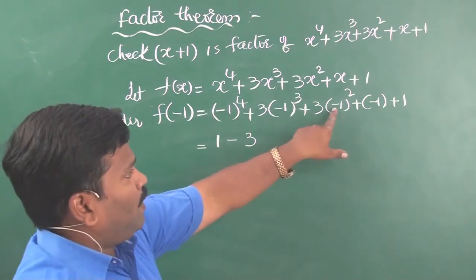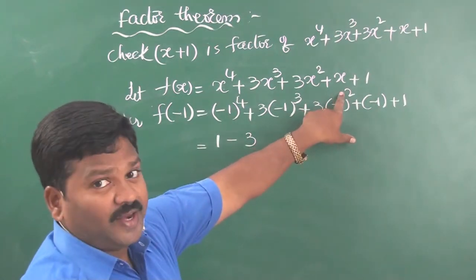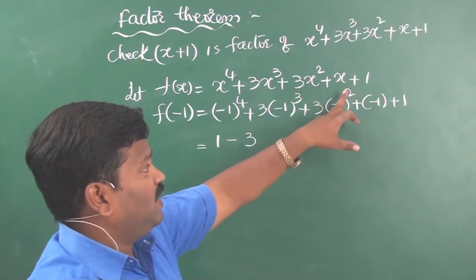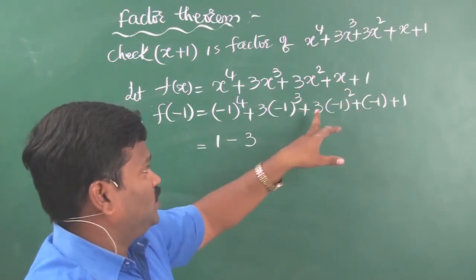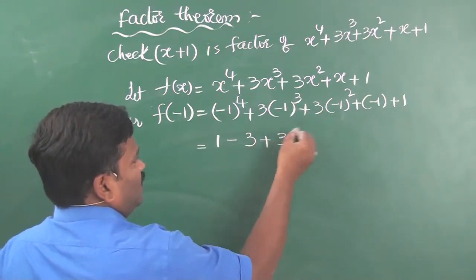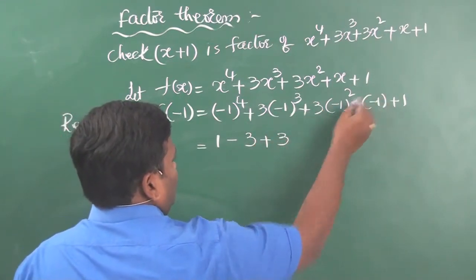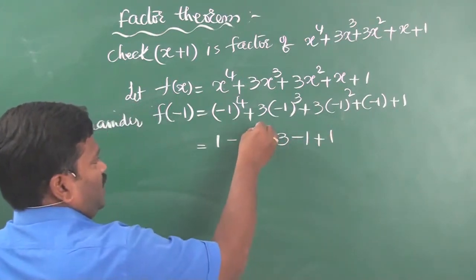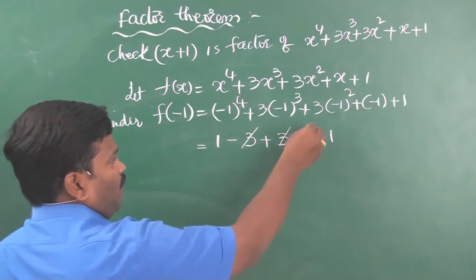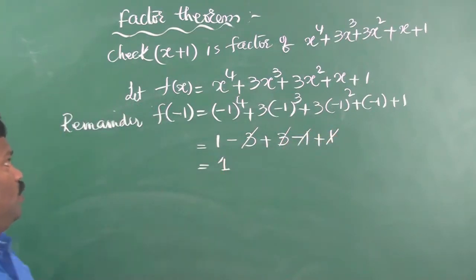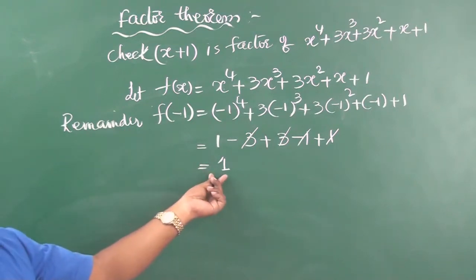Now minus 1 whole square: the power is even, so it becomes plus, and 3 into 1 is 3. Then minus 1 plus 1. Minus 3 plus 3 cancel. Minus 1 plus 1 cancel. It equals 1.